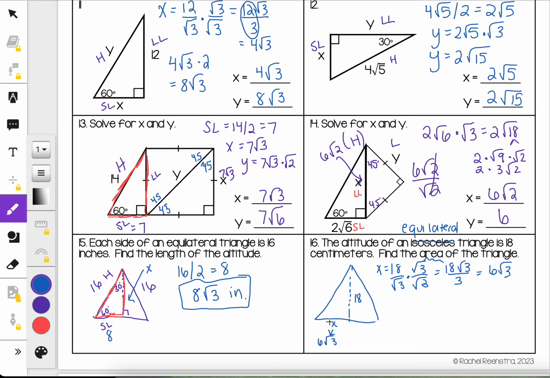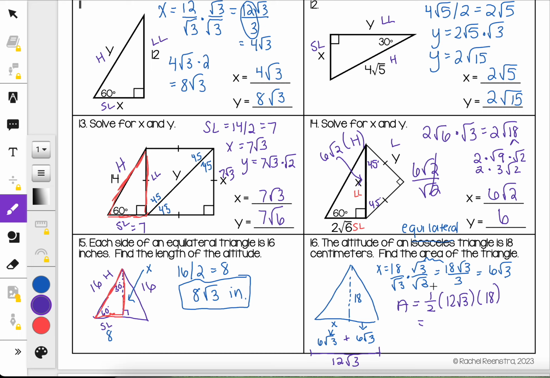Okay, now if this short leg is 6 root 3, this short leg here is also going to be 6 root 3. So the total base of my triangle is going to be 12 root 3 if I add those together. And now to find the area, I'm going to take 1/2 my base times my height.